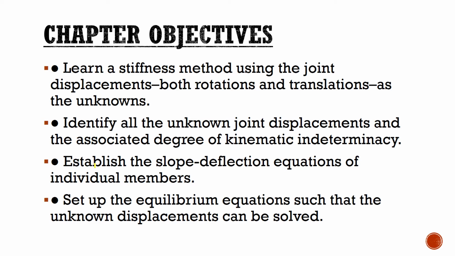Third, establish the slope deflection equations, which will be introduced later, of individual members or individual segments of the beam. And lastly, set up the equilibrium equations such that the unknown displacements can be solved.